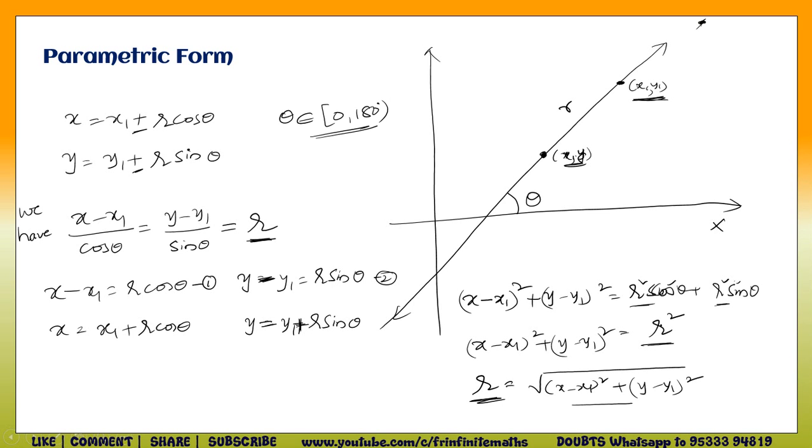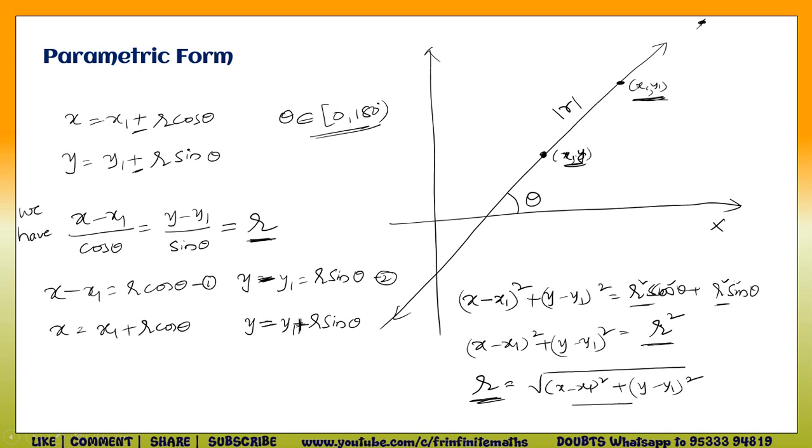Here theta is the inclination and r is constant, while theta is a variable which is being changed. r is the distance between those two points, and distance is always positive.